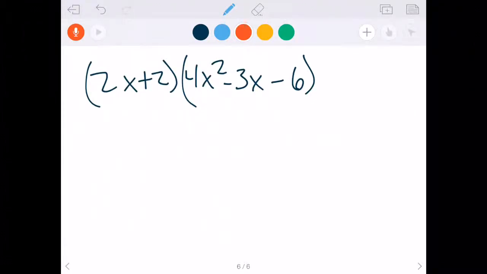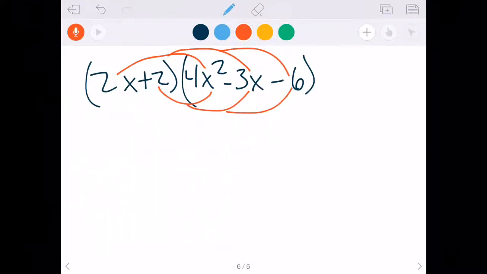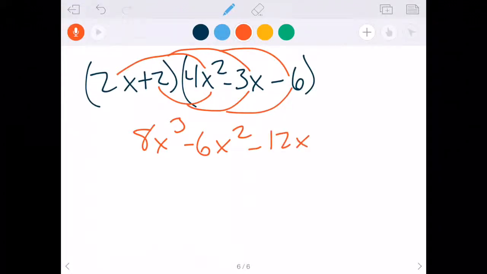Last problem, same steps. 2x times 4x squared is 8x cubed. 2x times negative 3x is negative 6x squared, and then 2x times negative 6 is negative 12x. Moving on to the 2, I have plus 8x squared minus 6x minus 12.